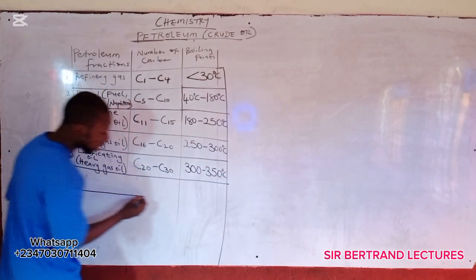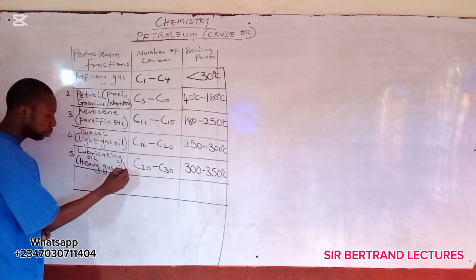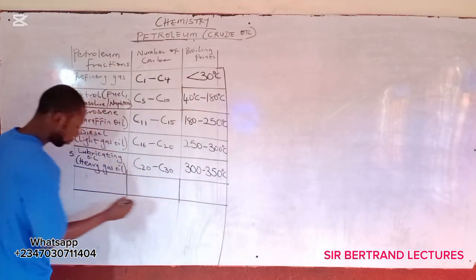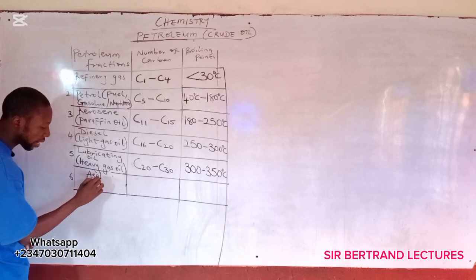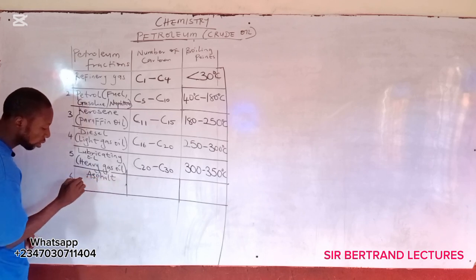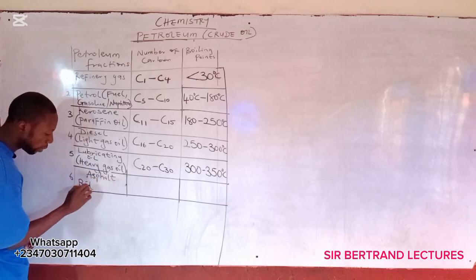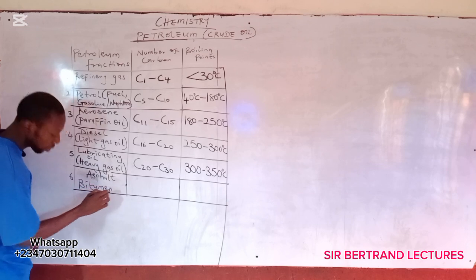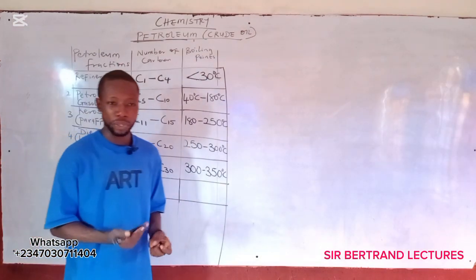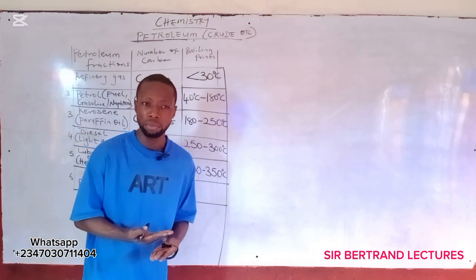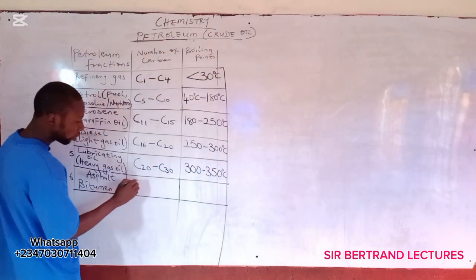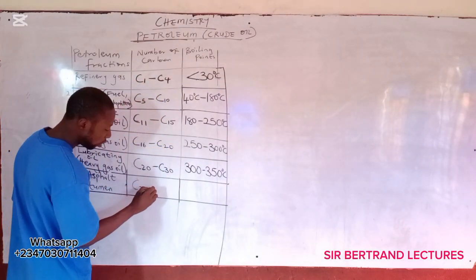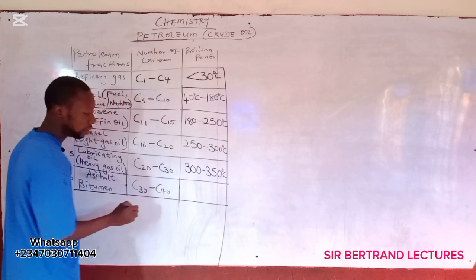Then we have the last in the list here on the board. Number 6 is asphalt or bitumen. This is the residue that remains at the bottom of the refinery tower, containing carbon atom 30 to carbon atom 40.